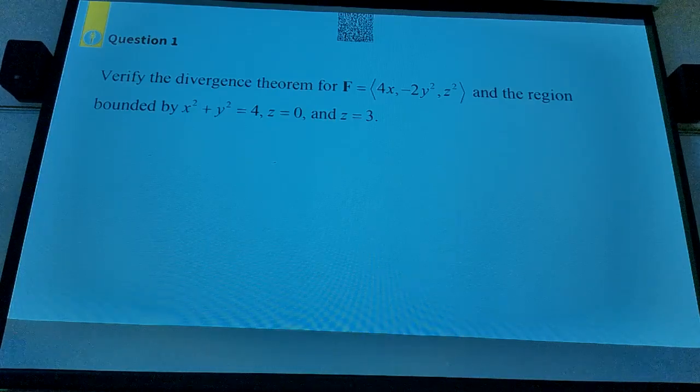Just like we do with Stokes and Green, we're going to verify the divergence theorem. Region bounded by x squared plus y squared equals 4, z equals 0, and z equals 3.